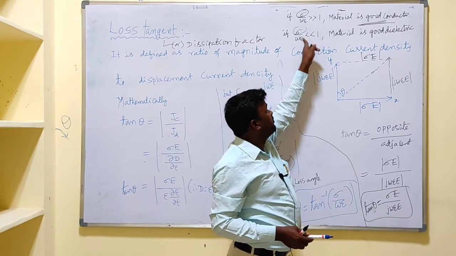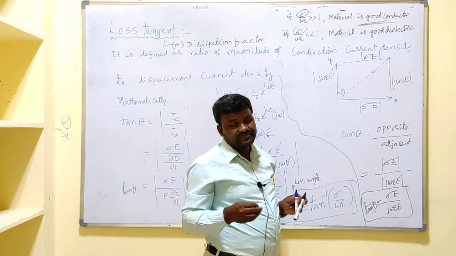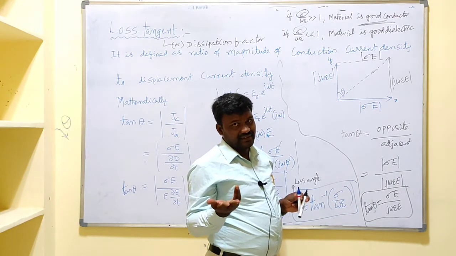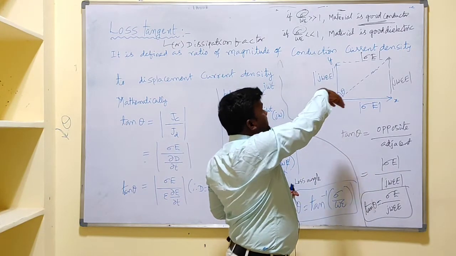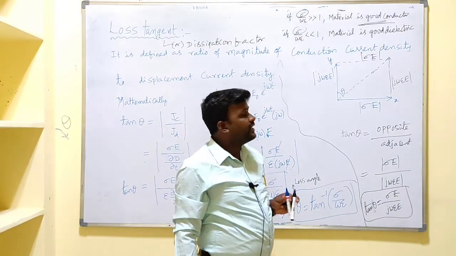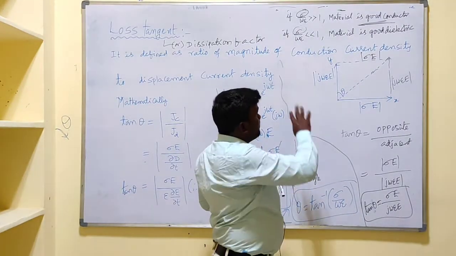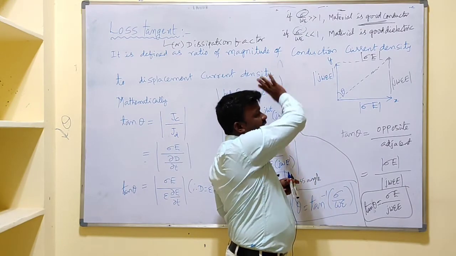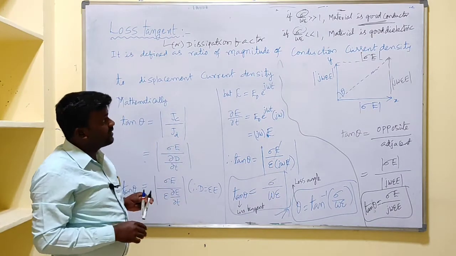That means sometimes a conductor may behave as a dielectric at higher frequencies. For lower frequencies, a dielectric may act as a good conductor at very low frequencies. That is the importance of loss tangent.